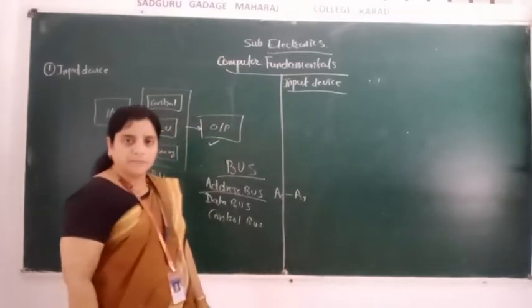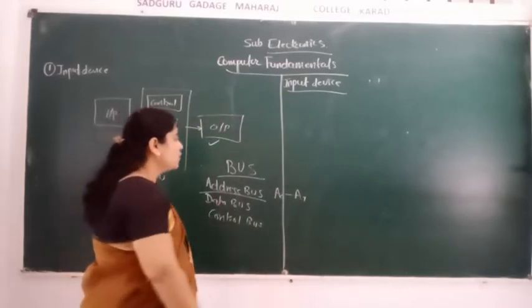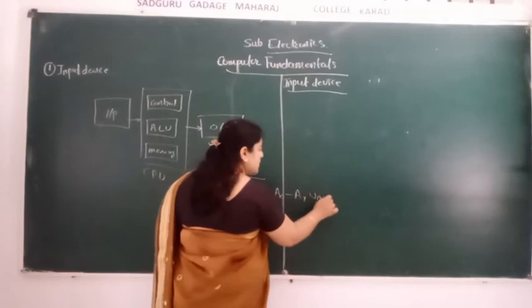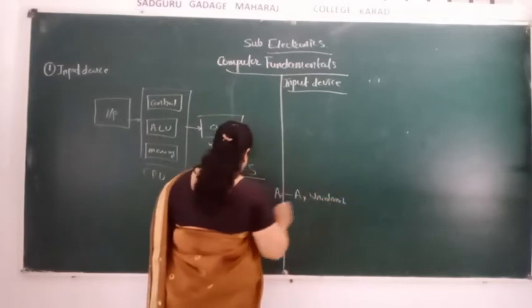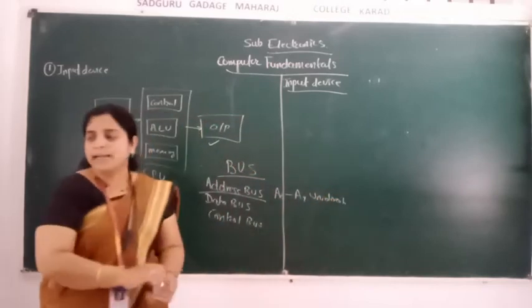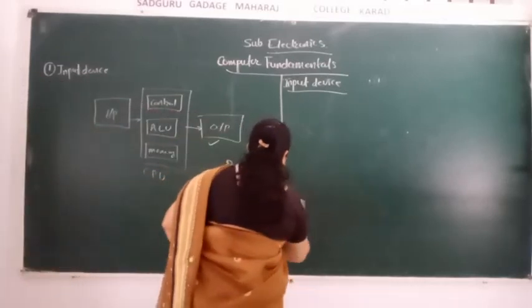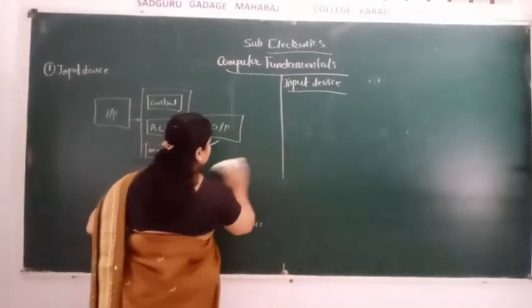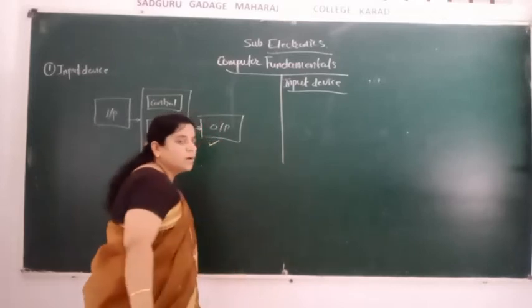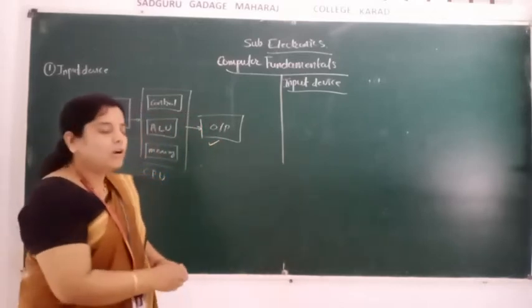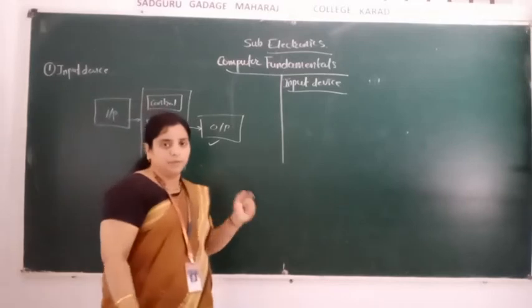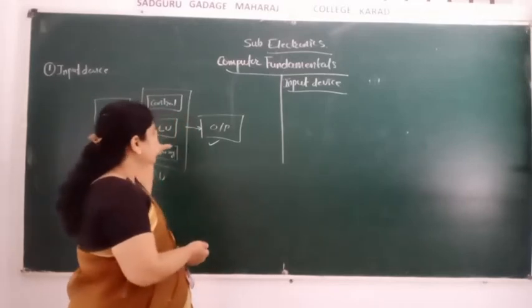It is unidirectional, which means only in one direction. The data bus is bidirectional. It has 16 bits, A0 to A15. The control bus is used to control all the components or all the tasks performed by the CPU. We have seen all these things yesterday.